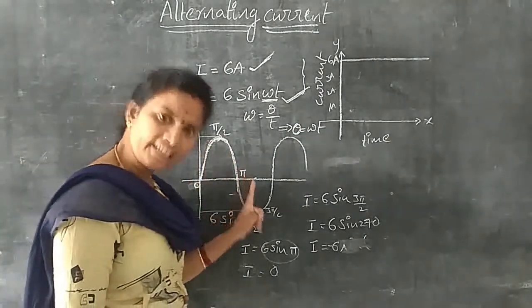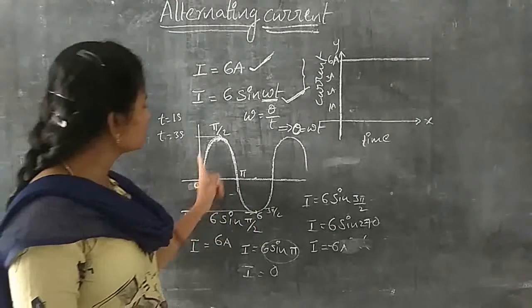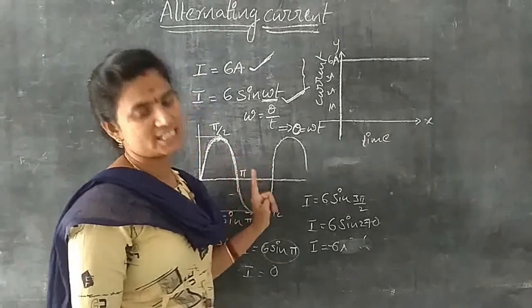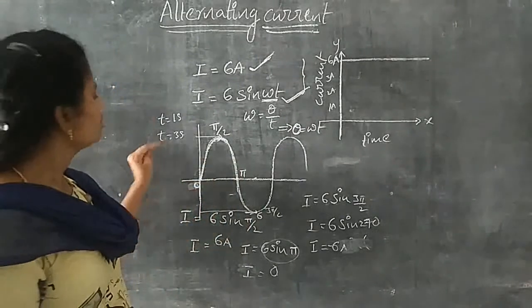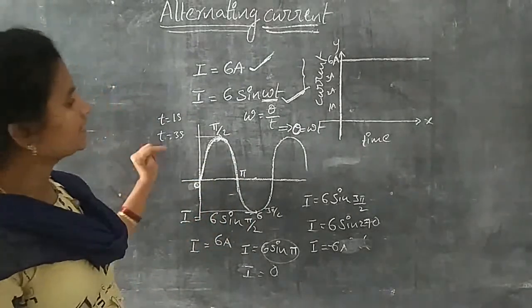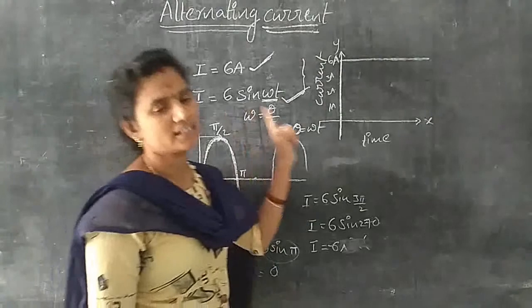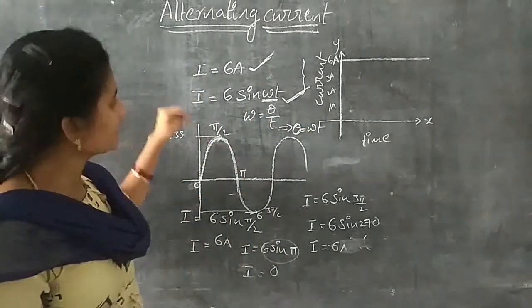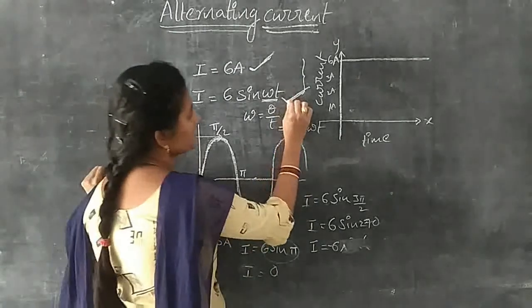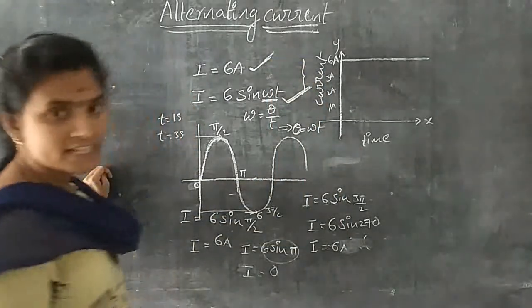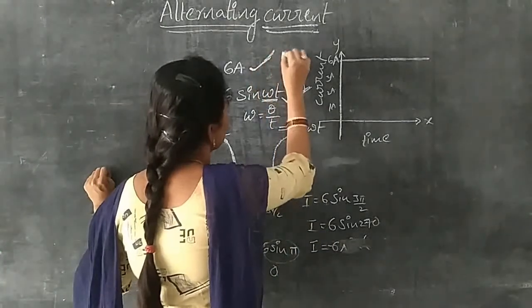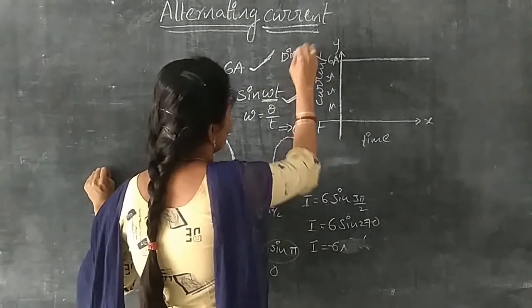The magnitude of the current and the direction of the current change with respect to time, then we can say that it is alternating current. So 6 sin omega t is alternating current and 6 amperes is direct current.